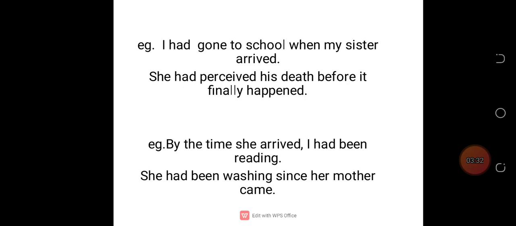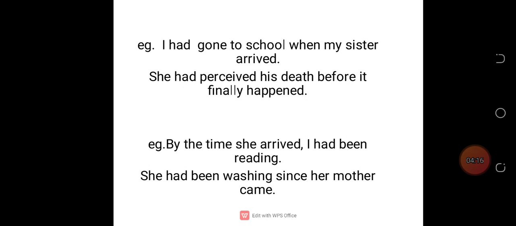We can say that the past perfect continuous tense has been used there because it is expressing an action that took place over a certain period of time in the past and was still going on, or taking place. Very good.